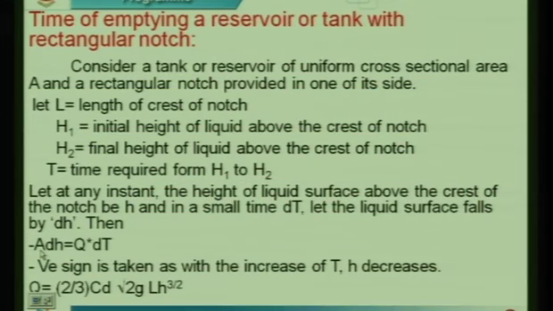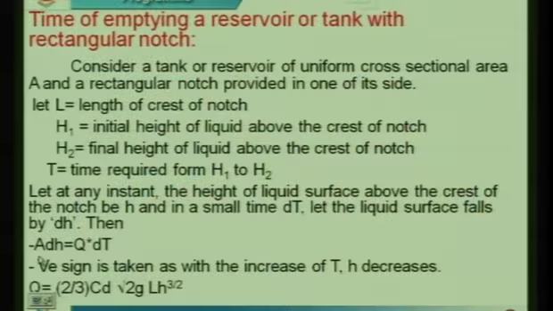Why is there a minus sign? The minus sign is taken because with the increase in t, H decreases. Remember, if you allow more time, naturally the water level from H1 to H2 goes on decreasing. So that's why we put the minus sign there: minus A into dH is equal to Q into dt.